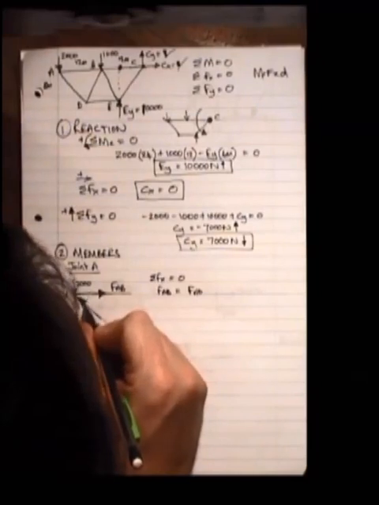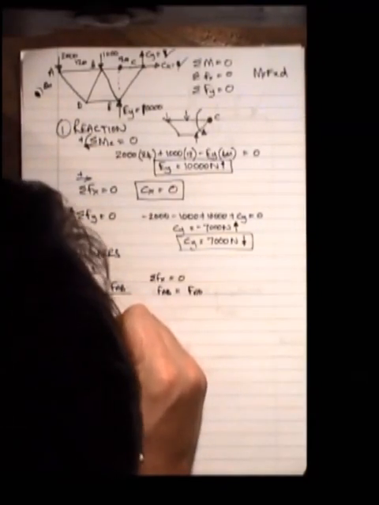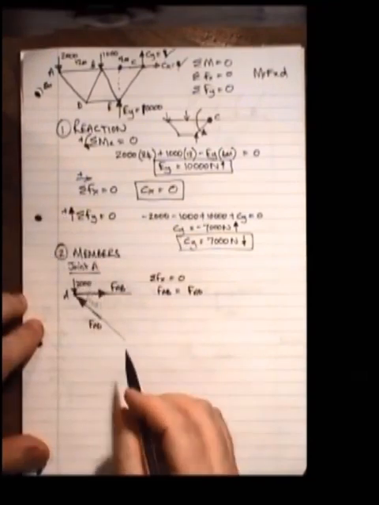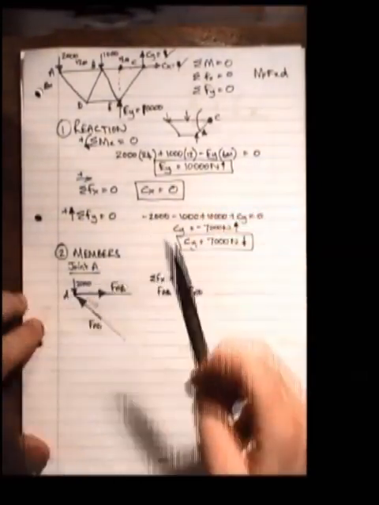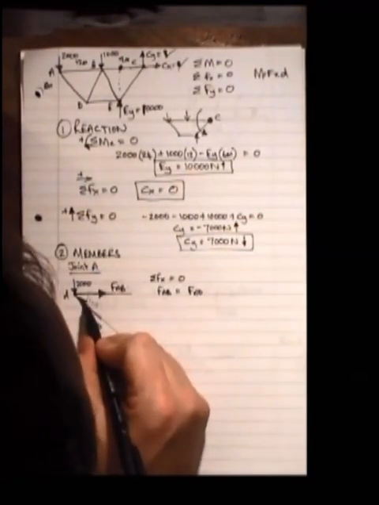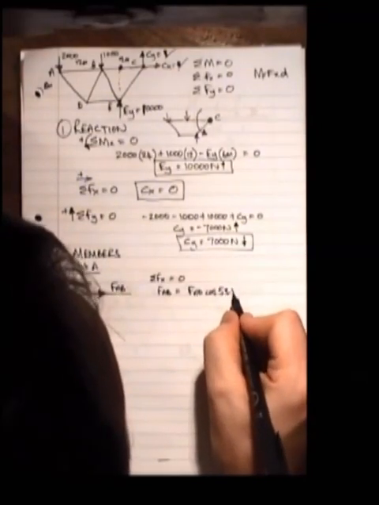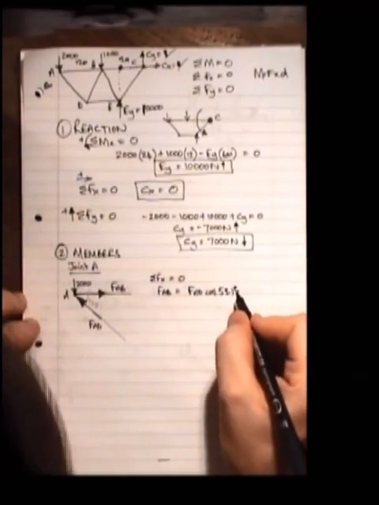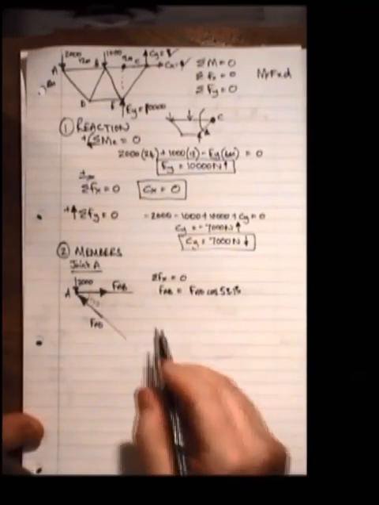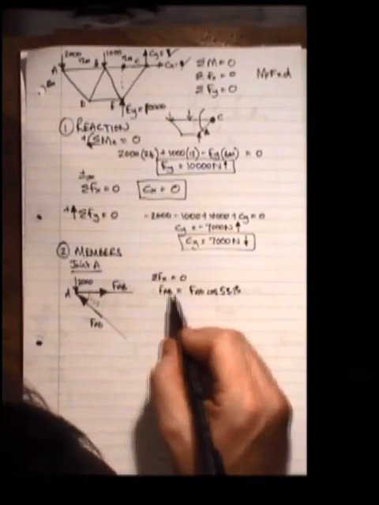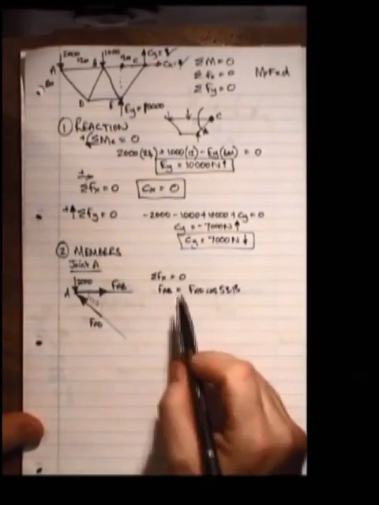So if we had this angle here, we said that angle there was 53.13. In terms of the horizontal component of that, you take the cosine of 53.13. So now we've got an equation with two unknowns. We can't actually work anything out with that.